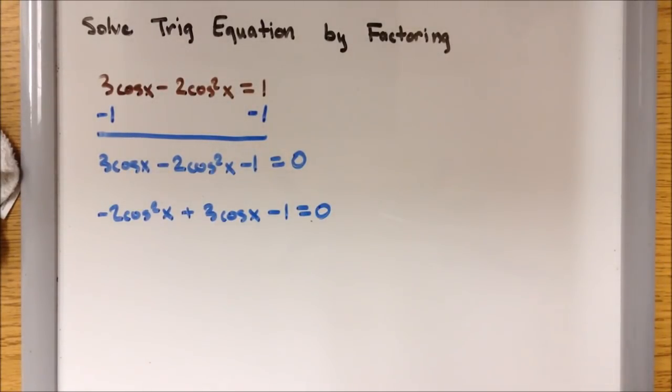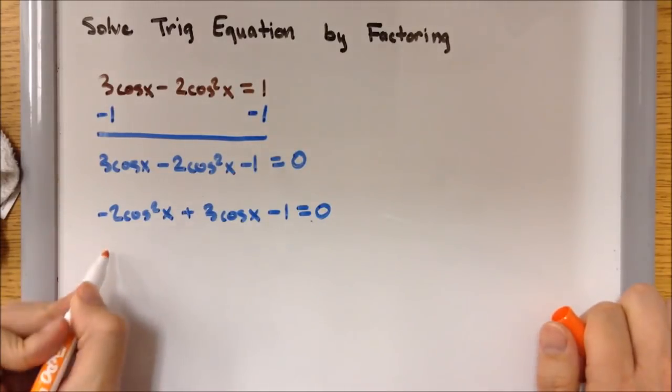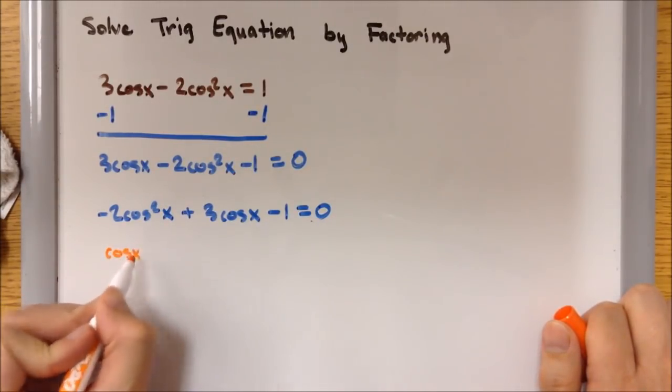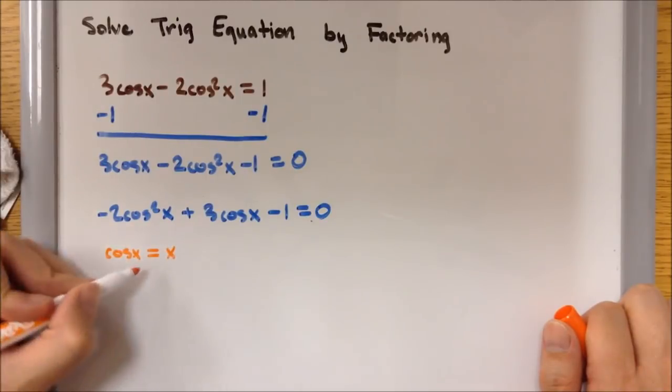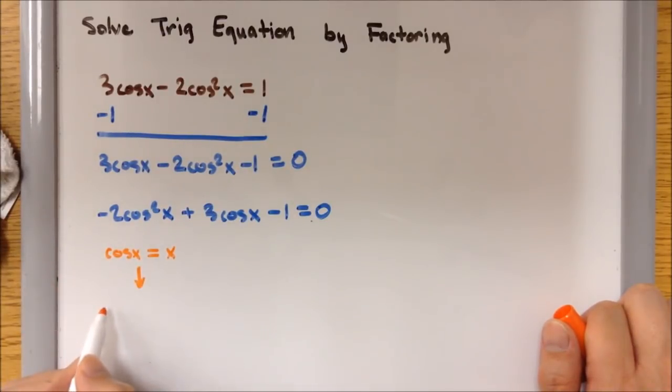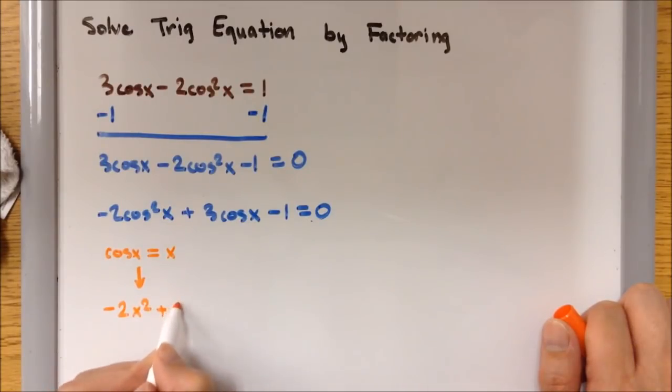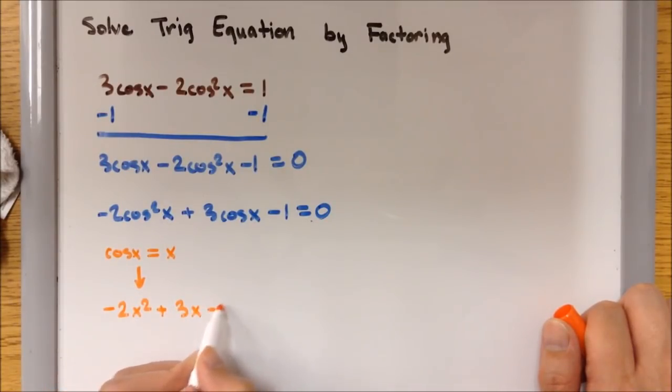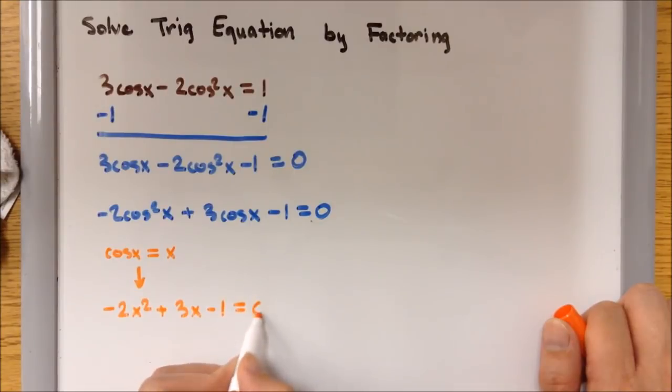Alright, now here, since we have cosine of x, you can use the substitution. Cosine of x equal to x, so it's going to be negative 2x squared plus 3x minus 1 equal to 0.